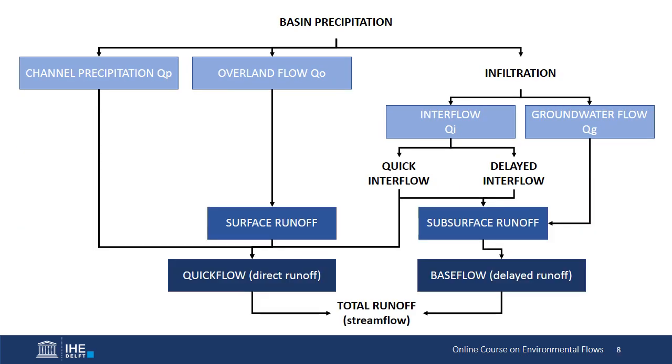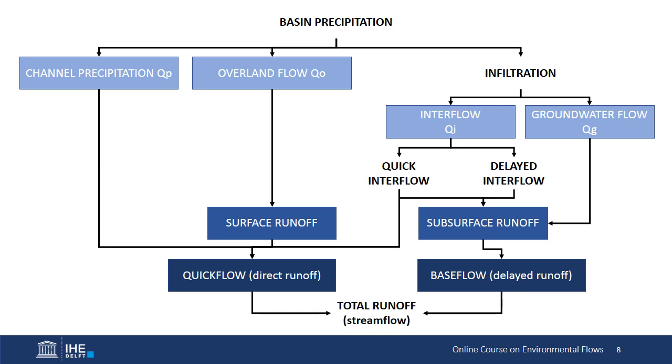So based on precipitation, rainfall which is falling in the catchment can be split up in channel precipitation, in overland flow, or it can infiltrate into the subsurface. If it infiltrates into the subsurface, it can be split up into an interflow component or a groundwater flow component. The interflow component can be a fast or a delayed one, which result together with a groundwater flow into a subsurface runoff.